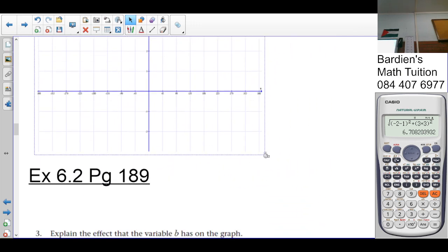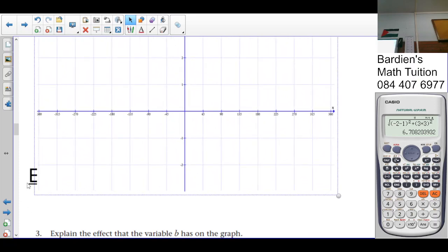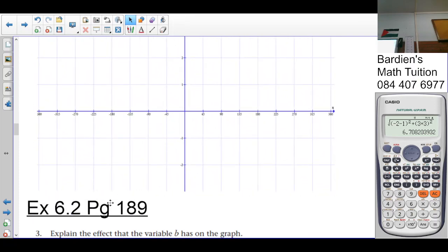Okay, so I know these three graphs, so later on you must just give me the values, okay.